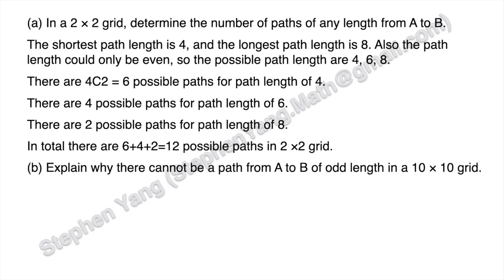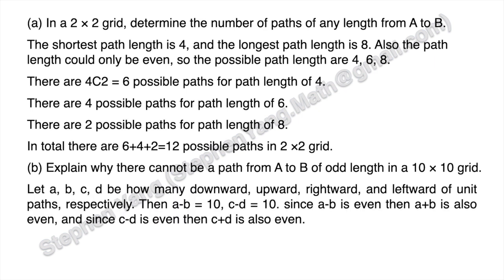Explain why there cannot be a path from A to B of odd length in a 10 times 10 grid. So let A, B, C, and D be the numbers of downward, upward, rightward, and leftward unit paths respectively. Then we have A minus B equals 10 and C minus D equals 10.